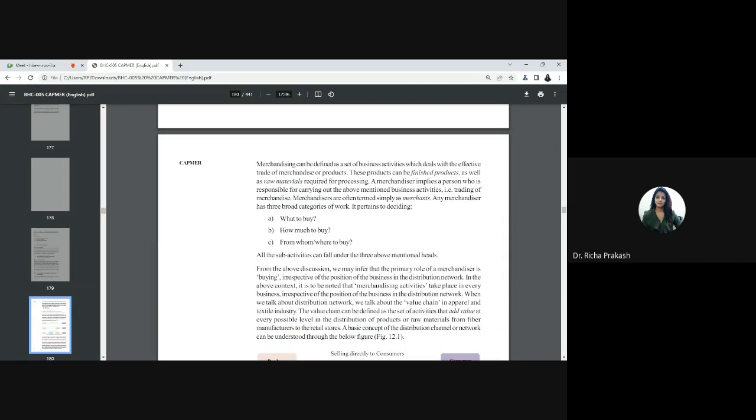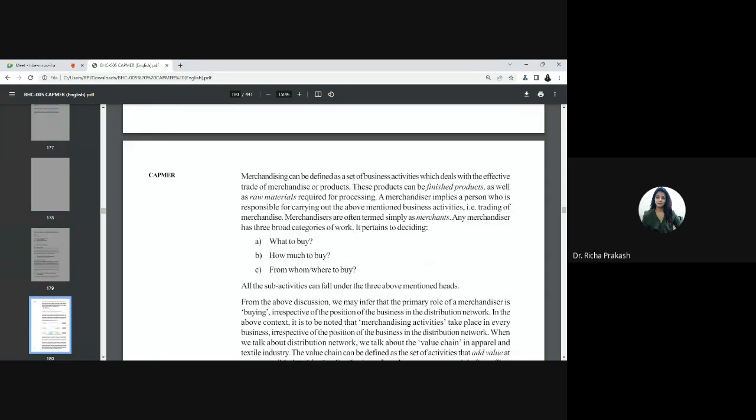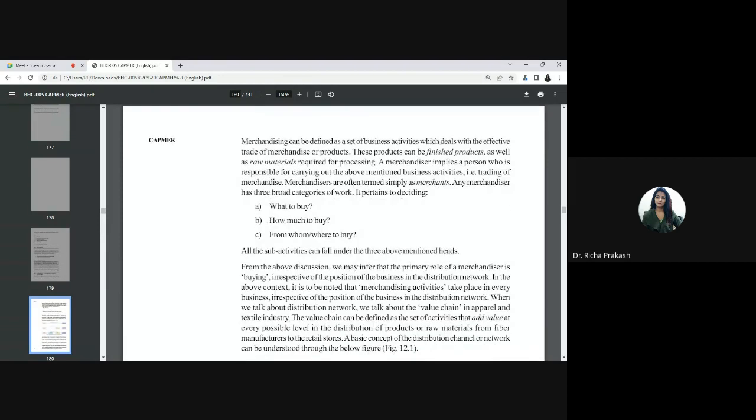So the first step itself is, when the order comes in, the merchandiser has to know that the raw materials have to be bought from the market, sourced properly, and it is important to know what to buy. You must know which raw materials are required for that particular product or commodity.